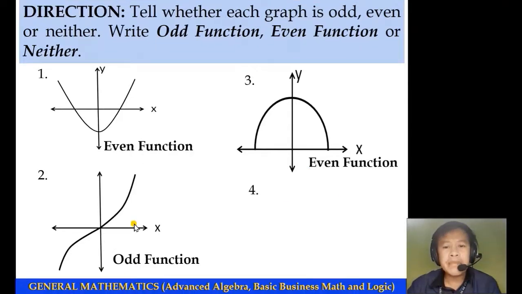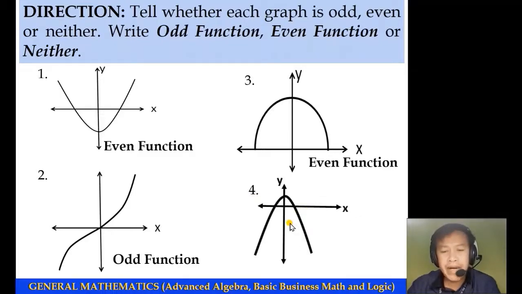And now, let us proceed with number 4. The graph is a parabola opening downward and its vertex is along the y-axis. And as you can see on the graph, the left side of the curve is symmetric with the right side of the curve, using the axis of symmetry which is the y-axis.